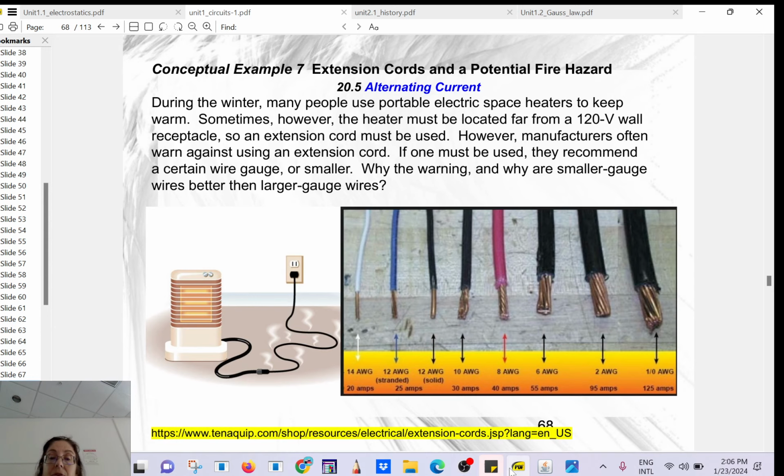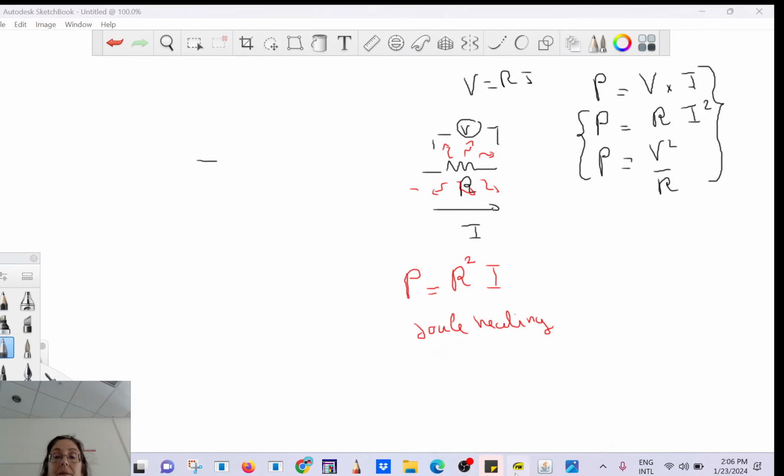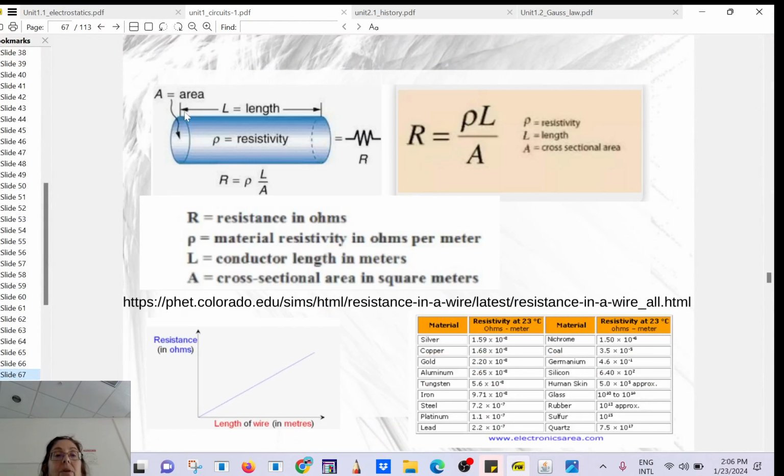So let's go back to the slide here. If you have a connecting wire, the resistance is proportional to the length. If you have a very long wire like this one, the resistance is going to be larger, which means you are losing more energy to heat.